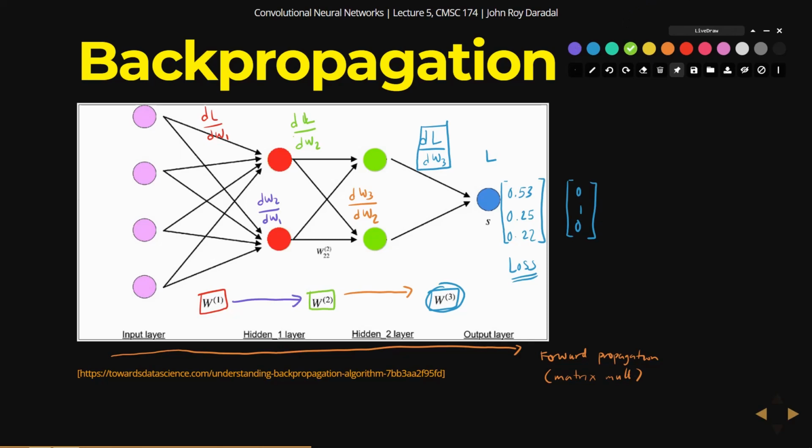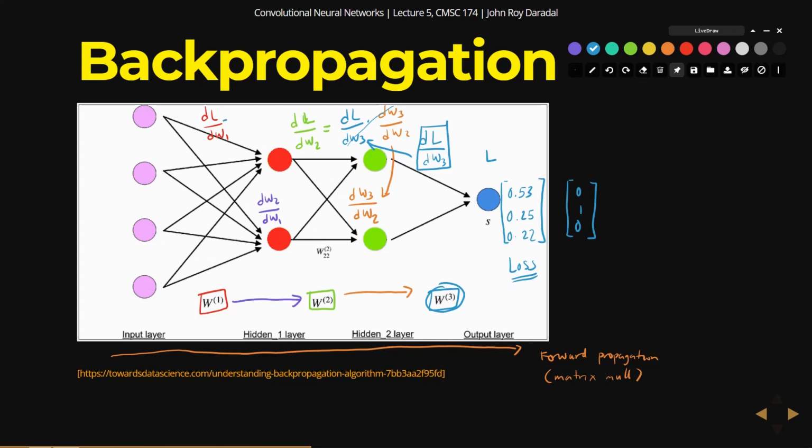Okay, so now we can compute the other gradients. So for this one here, the derivative of the loss with respect to weight 2, we can use the derivative of loss with respect to weight 3 and multiply that with the local gradient, dW3/dW2, which was this one, right? And then this one was fed from here. So if this one cancels out, that is the derivative of L with respect to W2, right?